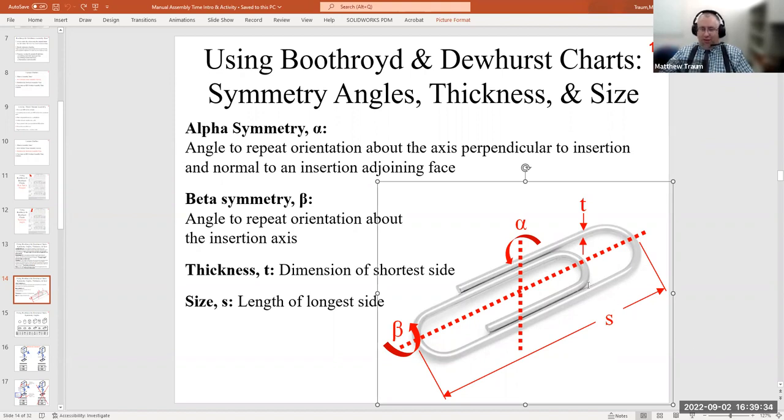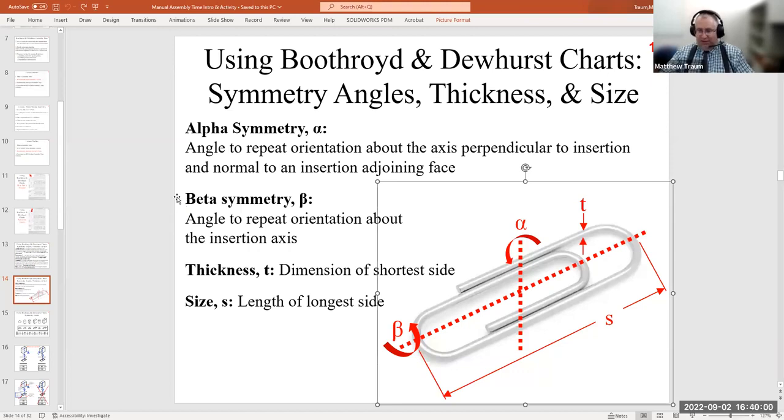What I mean by insertion adjoining face is, when you slide the paper onto the paper clip, it's basically this face here that we're looking at that's adjoining the surface of the paper. So we're looking for an axis that's normal to that surface. Again, it's the axis that's coming out of the paper clip towards us that we're rotating around for alpha. So that's that one.